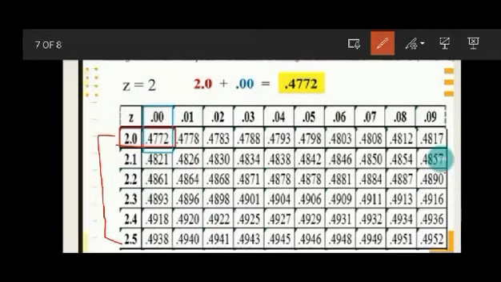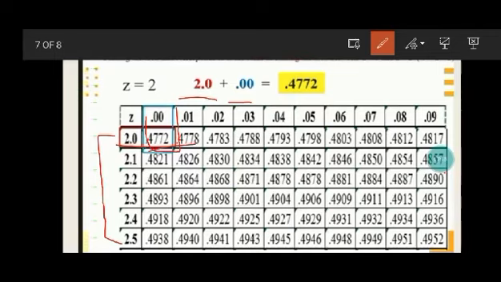Itatapat natin siya sa 0.00. So 2.0 plus 0.00. Kung ano yung katapat ng 0.00, yun na po yung value natin. So, 0.00 is equal to 0.4772.